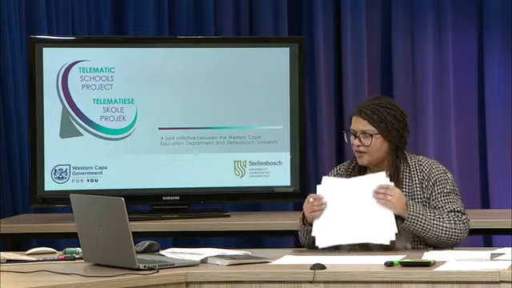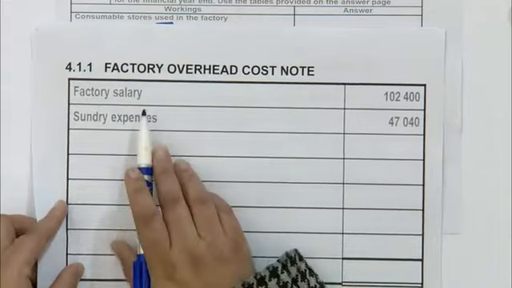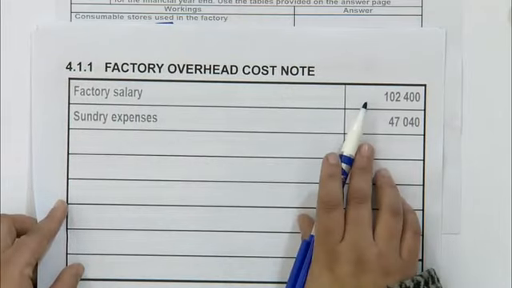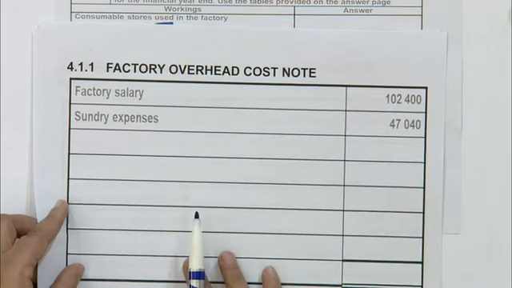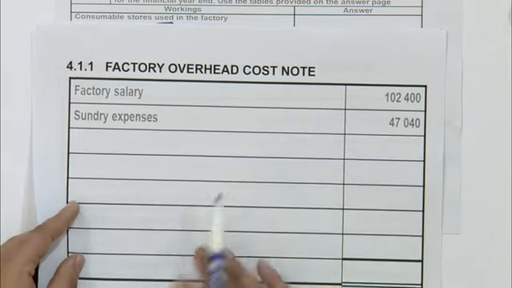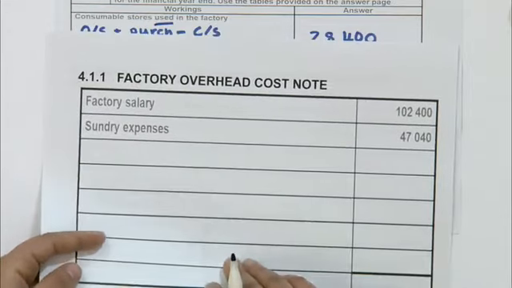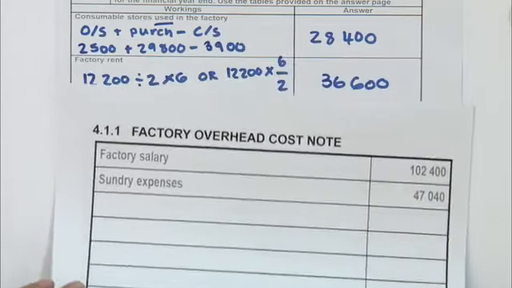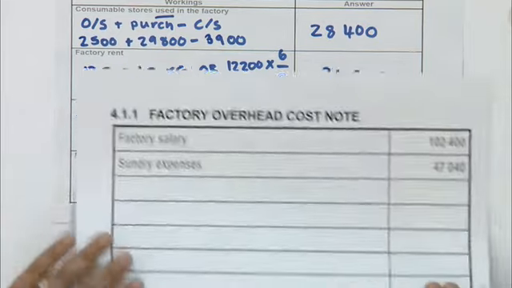So here we have our factory overhead notes. And what is found in it? It's our factory salary of 102,400 and our sundry expenses of 47,040 rand. So that's already been entered for us. What we need to do is enter the rest of our factory expenses.